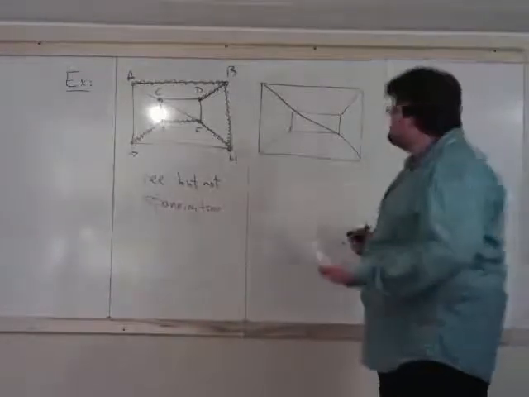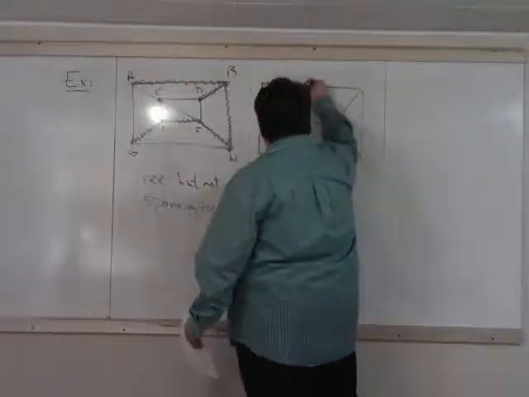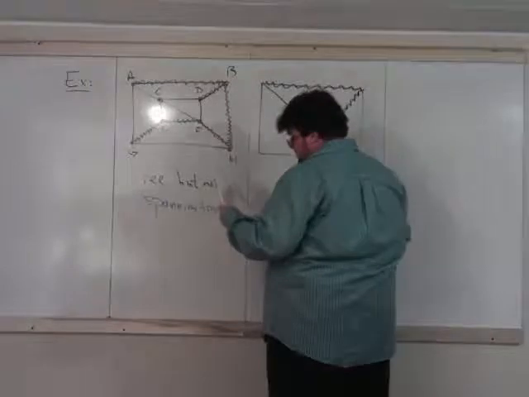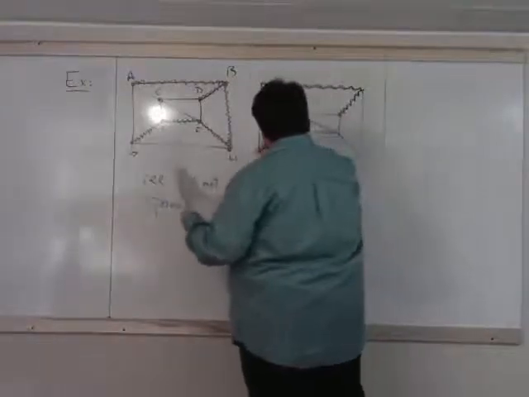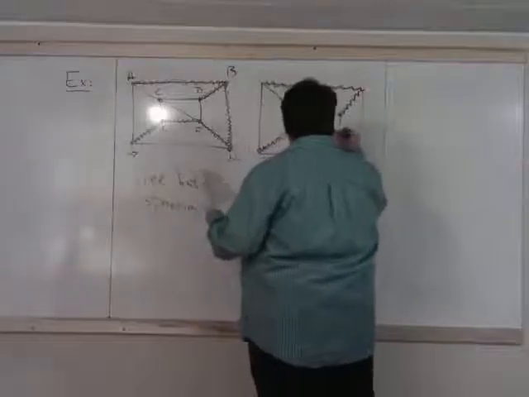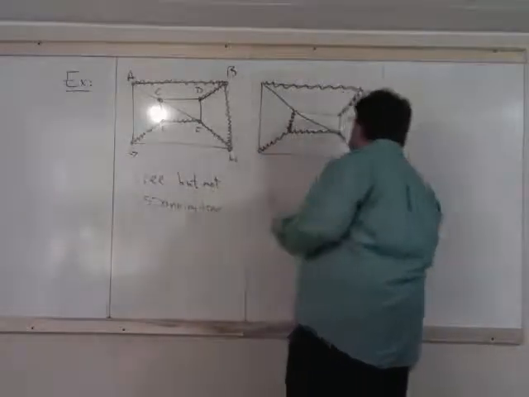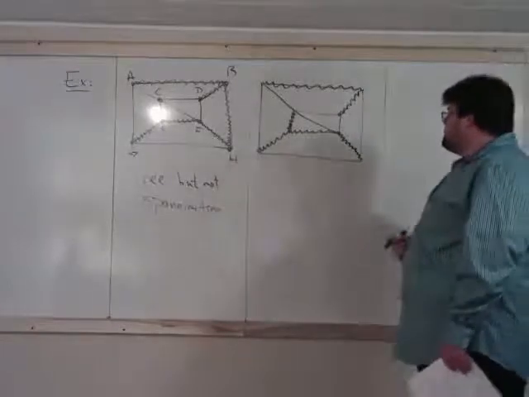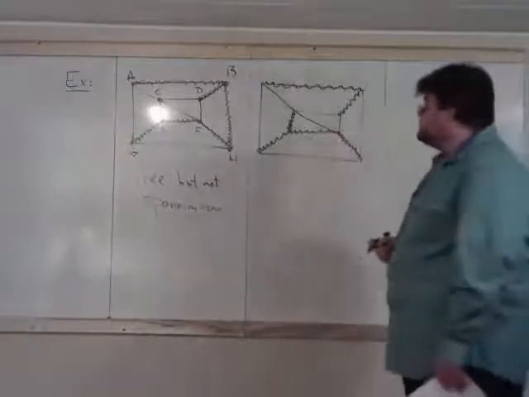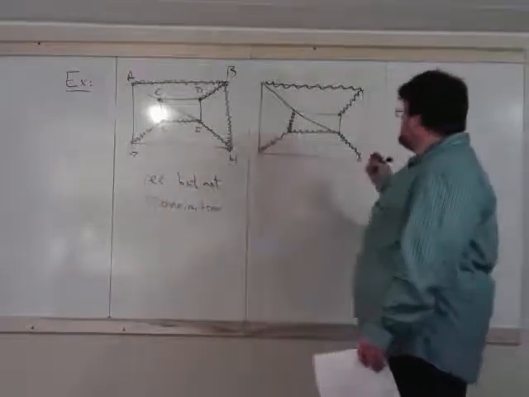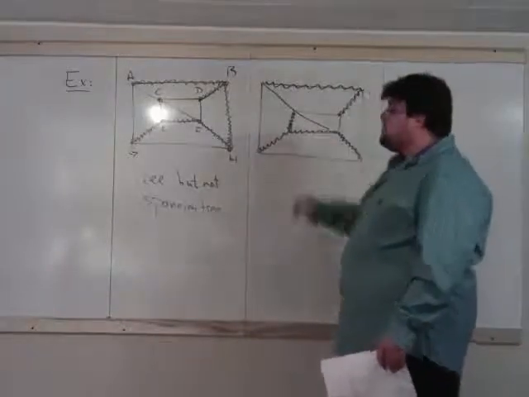Right here, those wiggly lines, notice they do hit all of the vertices, but we have one piece down here and another piece up there.